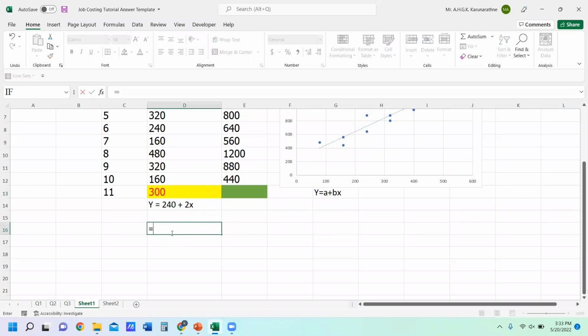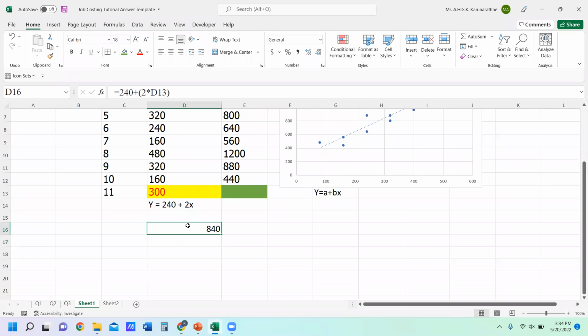Okay, what is the formula? Equal 240 is the fixed maintenance cost plus 2 times our x, meaning our machine hours. Take this and enter.